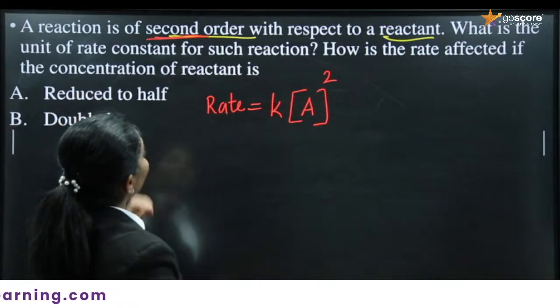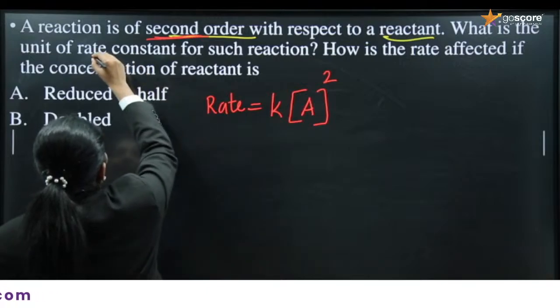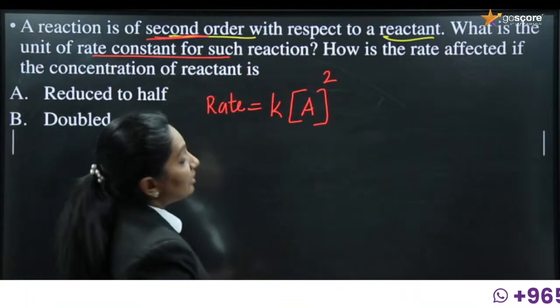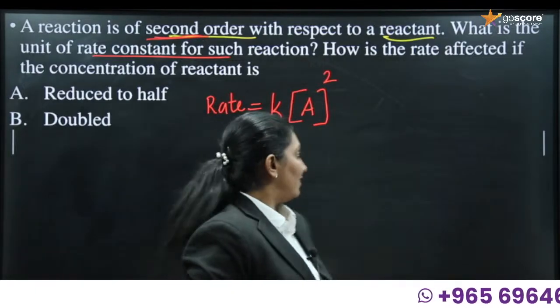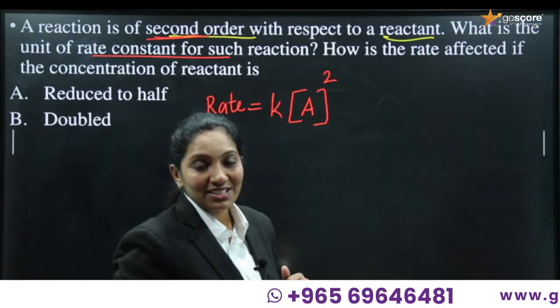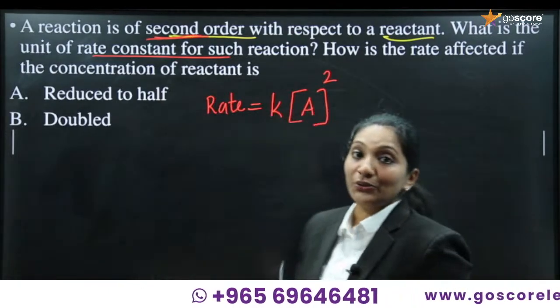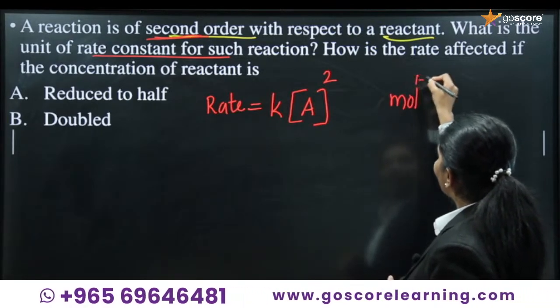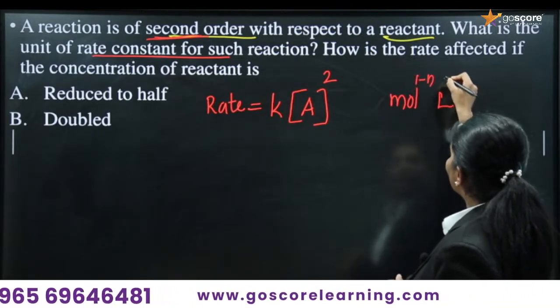Then what do you want to find out? What is the rate constant? The unit of rate constant for such a reaction. See, this is a second order reaction. Then what will be the unit of rate constant? Substitute the value of n equal to 2.